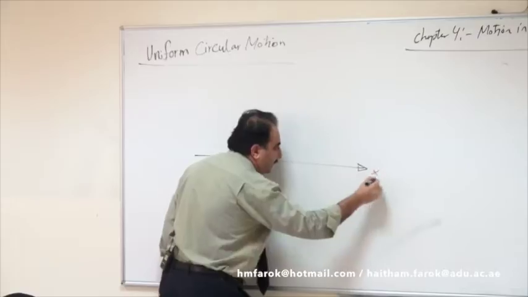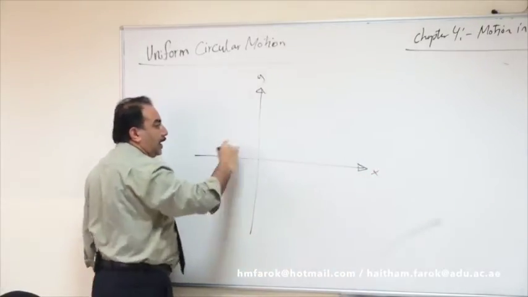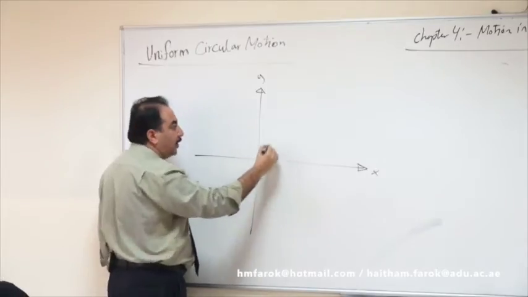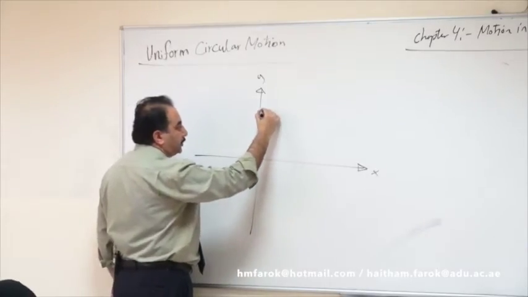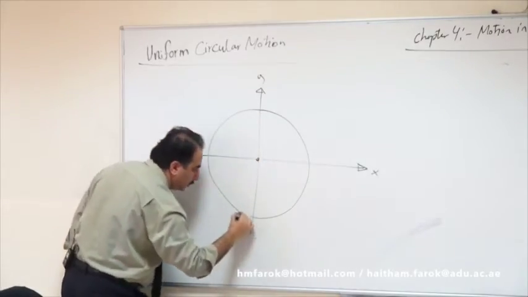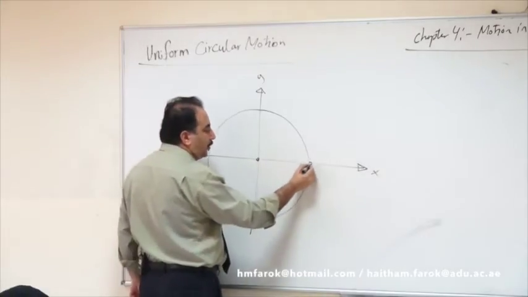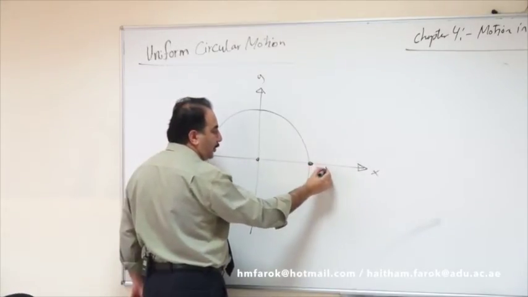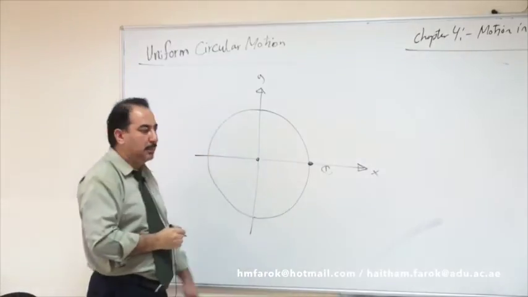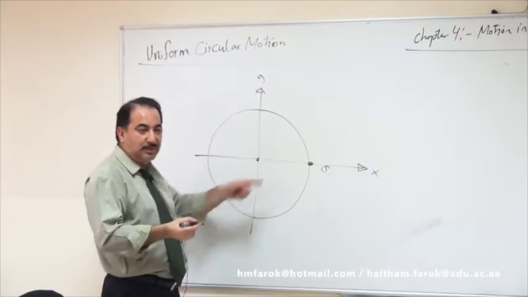This is the x-axis, this is the y-axis. Let's say this is the center, 0, 0, and there's something circulating around it. This is the object, to start with at point 1. The possibilities for rotation are either clockwise or anti-clockwise.